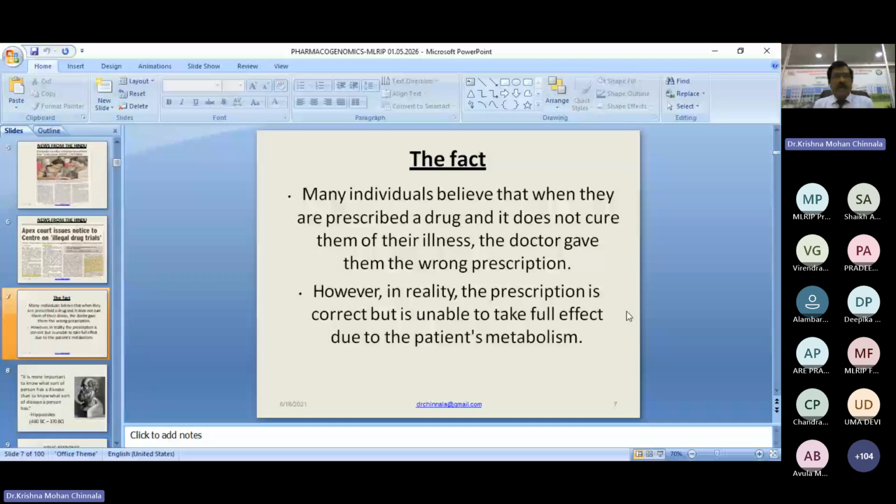And another example, for my son, from childhood, if he gets fever, paracetamol won't work for him. So in his childhood, what I did is I gave Nimesulide.